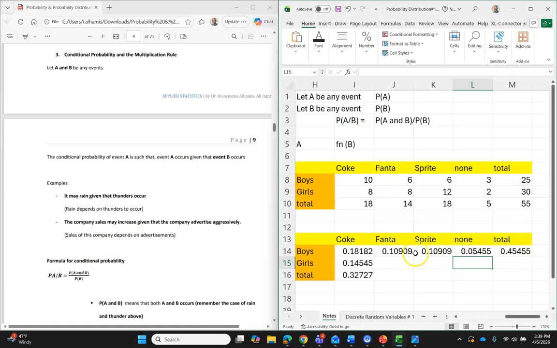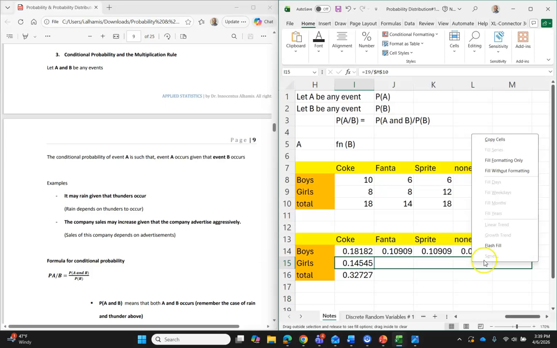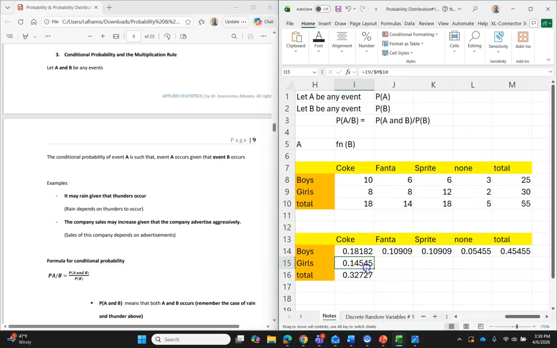And all I did also was to do the same for the girls. So I'm going to copy the formula. Sorry about that. Let me copy the formula for the total. So it is the same. You can also do the same for the girls.